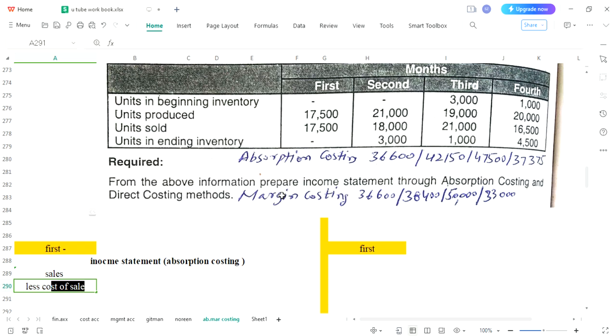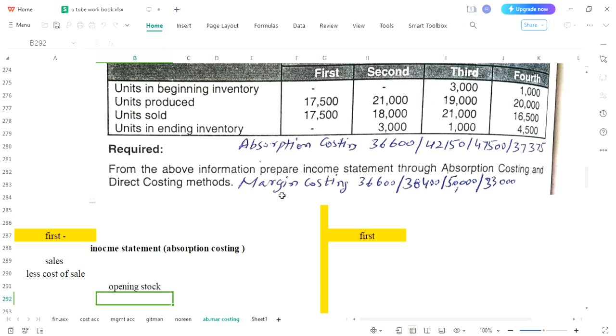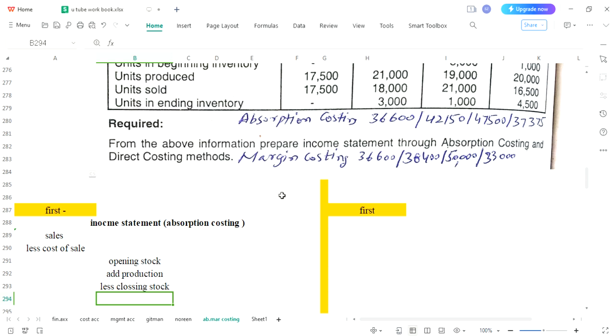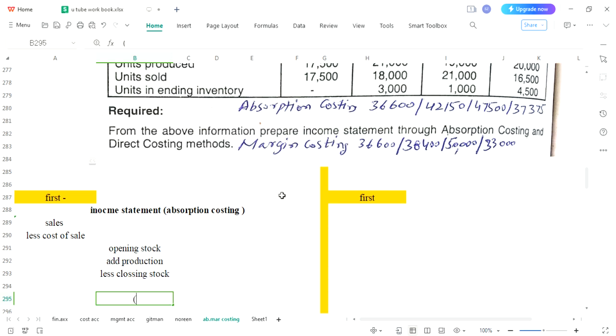And how will you calculate your cost of sales? You will get opening stock, then you will add your production cost, then you will subtract your closing stock, after which you will see if there is any under or over applied.